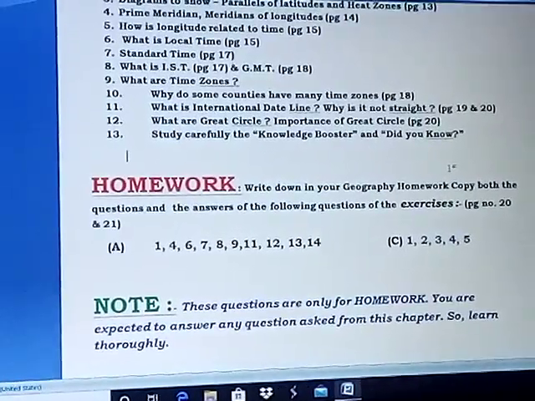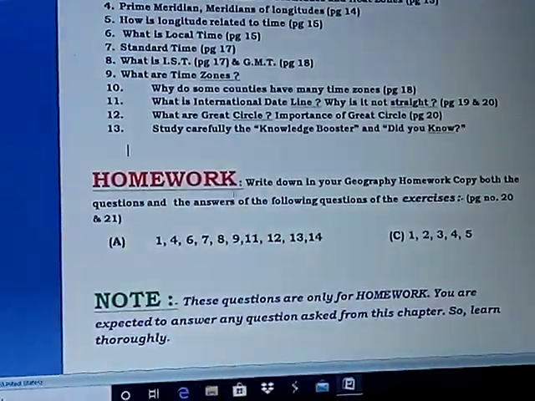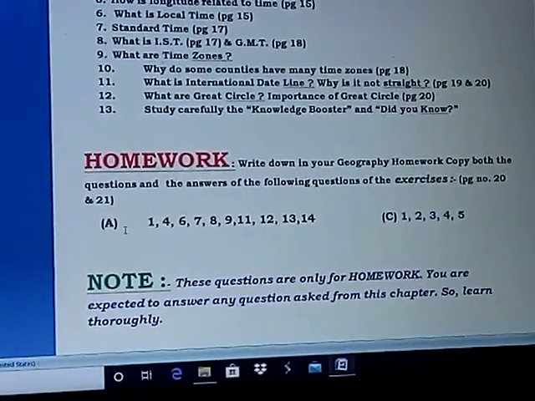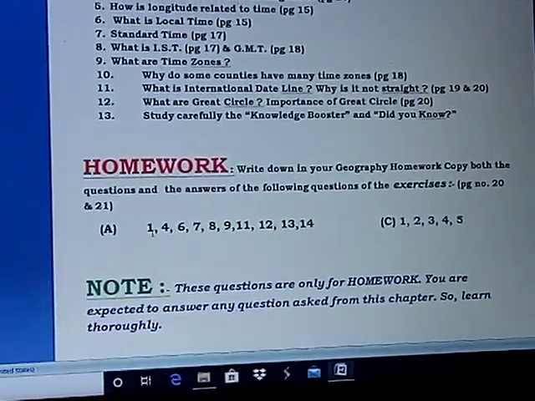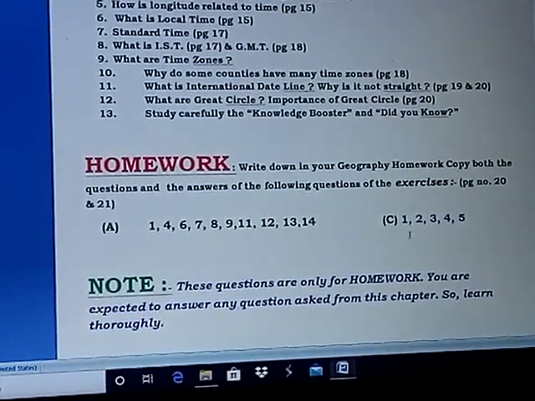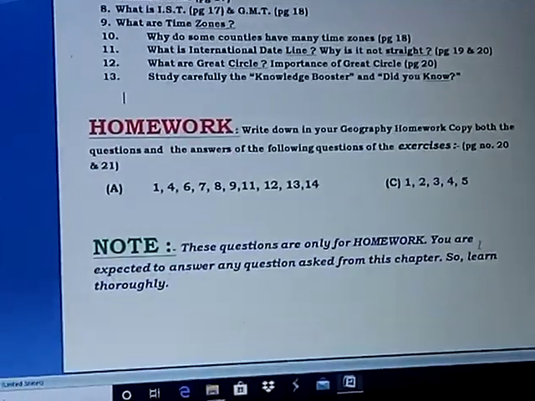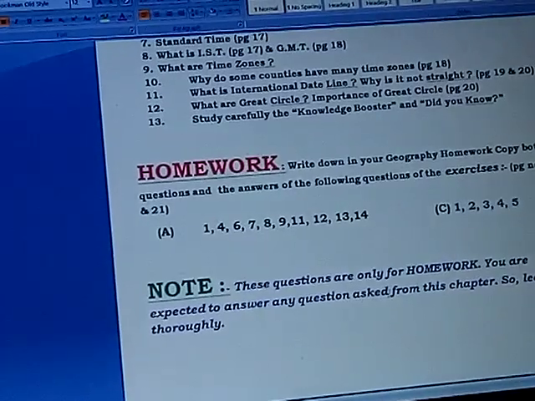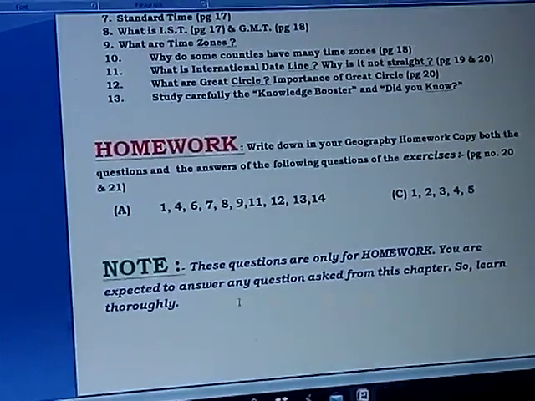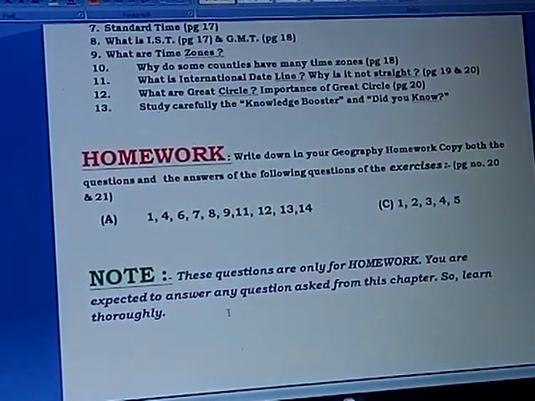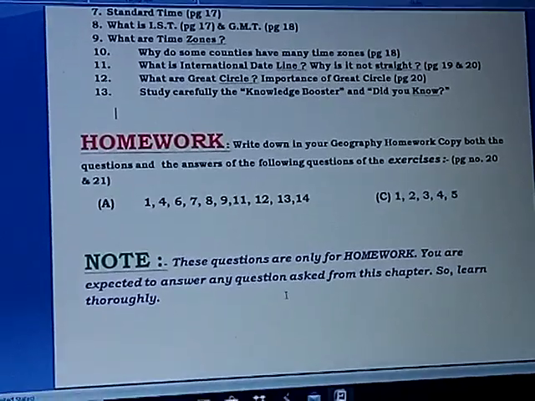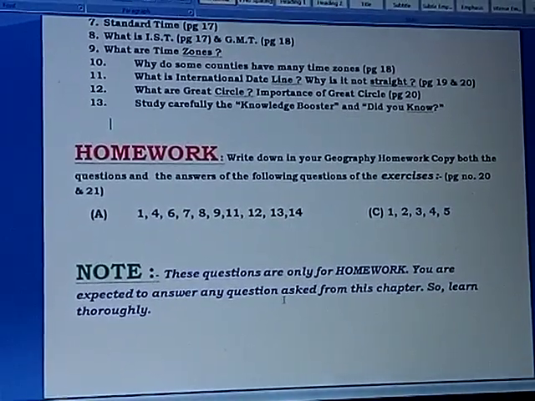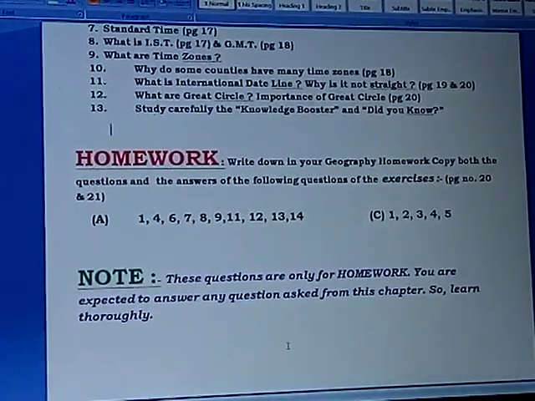In the book, it is all given, and you are expected to write the homework. In Part A, we have only a few questions, and in Part C, you have these questions. And I always give you this note that these questions are only for homework. You are expected to know the whole chapter thoroughly so that you will be able to answer any question. We always tell you the same thing.